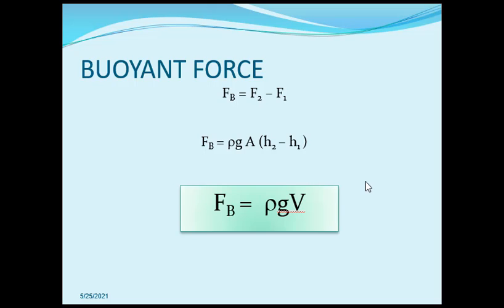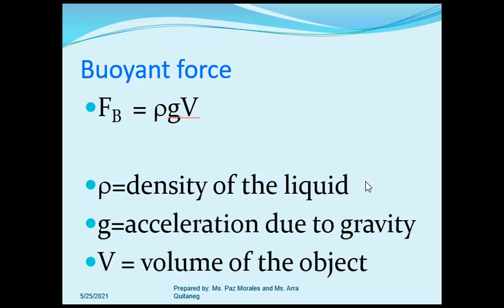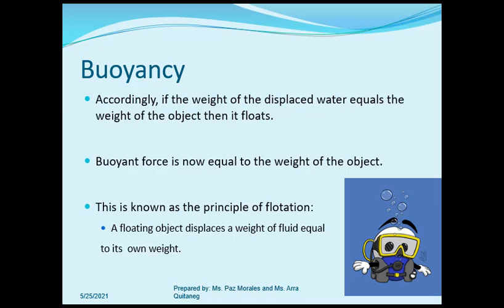Therefore, the buoyant force is rho gV, where rho is the density of the liquid, not the material, but the density of the liquid, g is the acceleration due to gravity, and V is the volume of the object submerged. Okay, that is buoyant force.